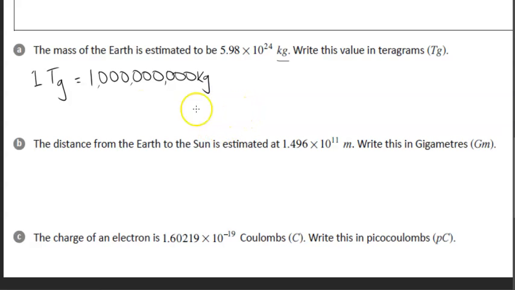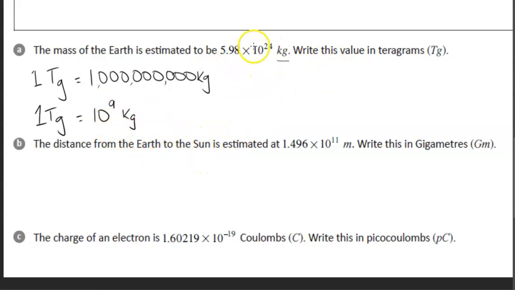Or in other words, 1 teragram is 10 to the power of however many zeros there are, in this case 9. So 1 teragram is 10 to the power of 9 kilograms. 1 times 10 to the power of 9, so just 10 to the power of 9.